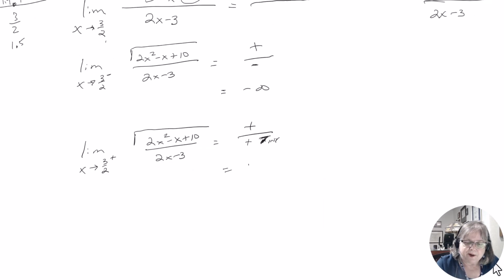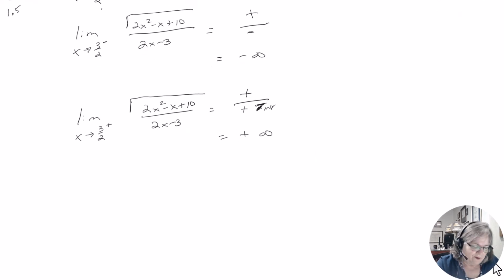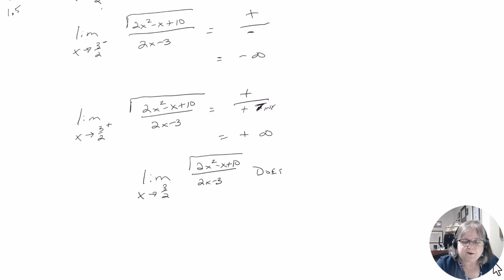So this is positive infinity. So they don't match. So the limit from both sides does not exist. Some of your teachers may let you put D and E. Better ask first.